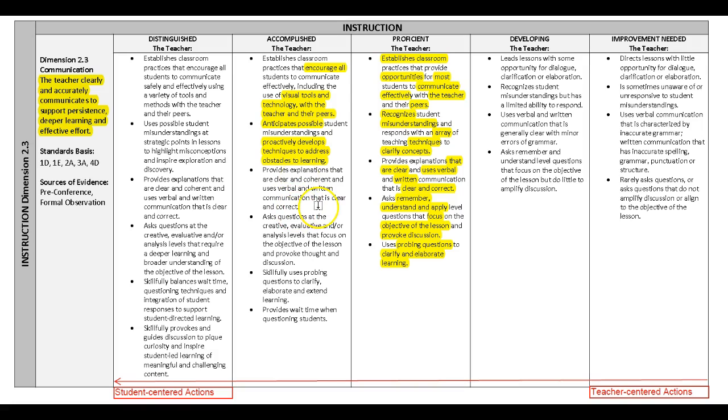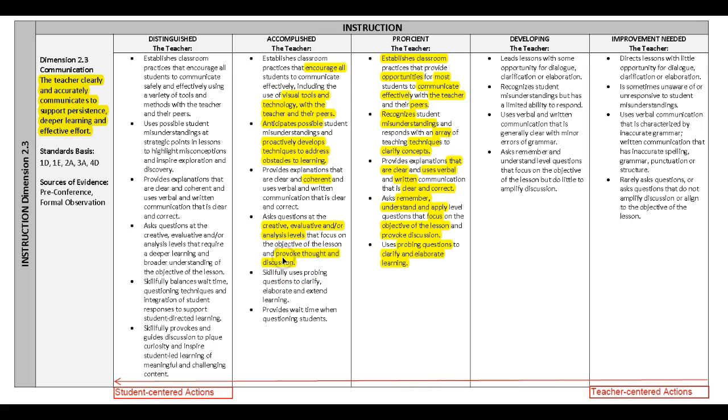This teacher provides explanations that are clear and coherent and uses verbal and written communication that is also clear and correct. The next descriptor, asking questions at the creative, evaluative, and/or analysis levels that focus on the objective of the lesson and provoke thought and discussion.